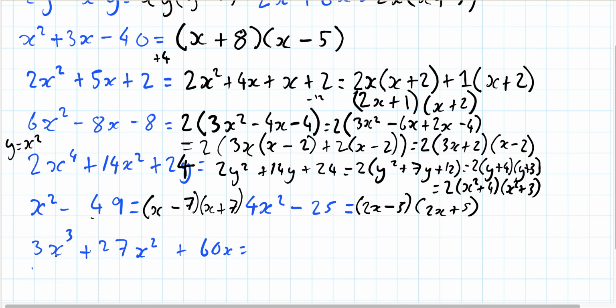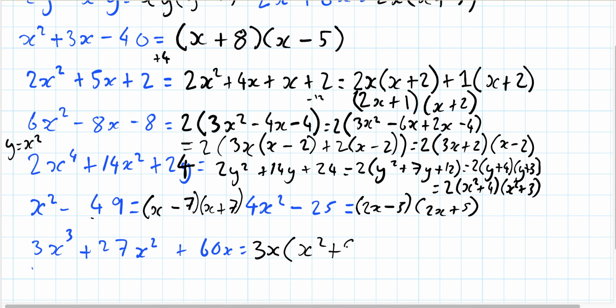Okay, and the last one we have is this one here. First, I can see they're all multiples of 3, so I'm going to take 3 out on the outside, and they have x's, so I'm going to take out the x. So we're left with x squared plus 27x. Oh no, there's a multiple of 3, so we'll go back.